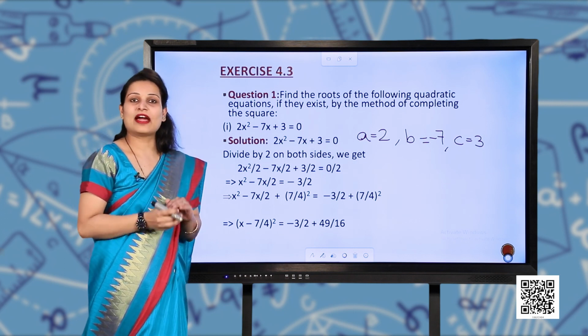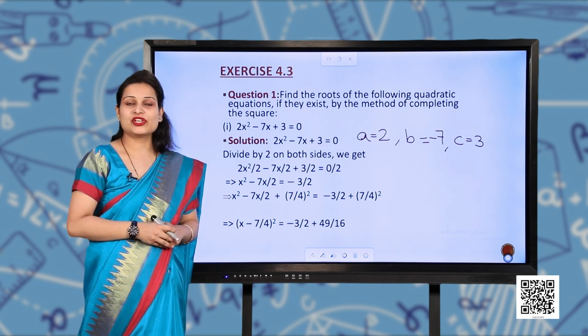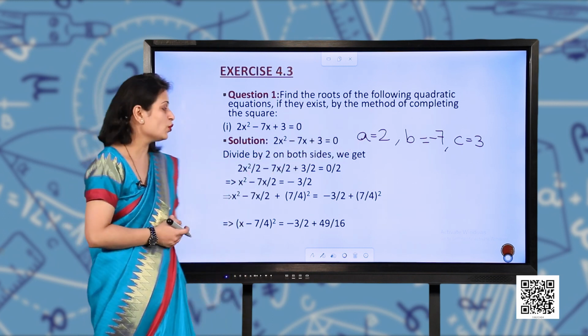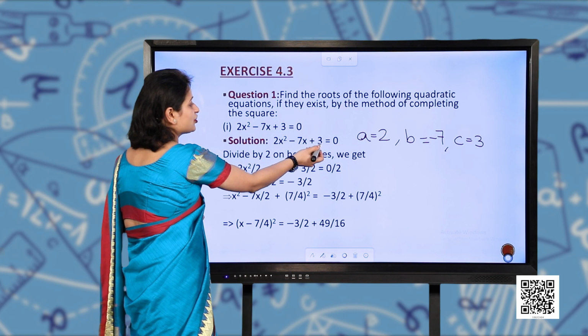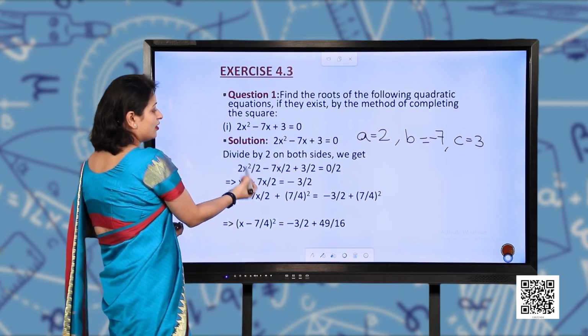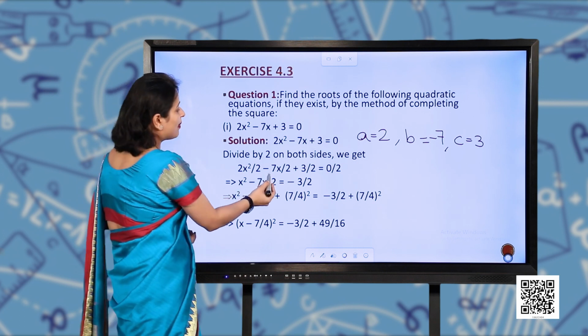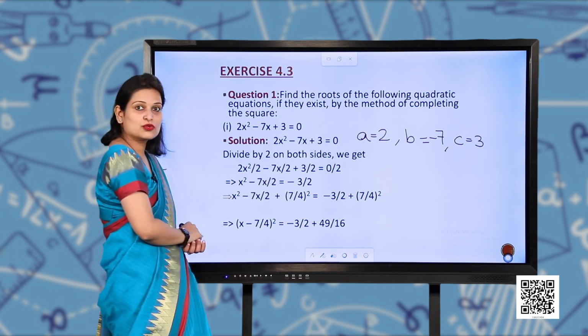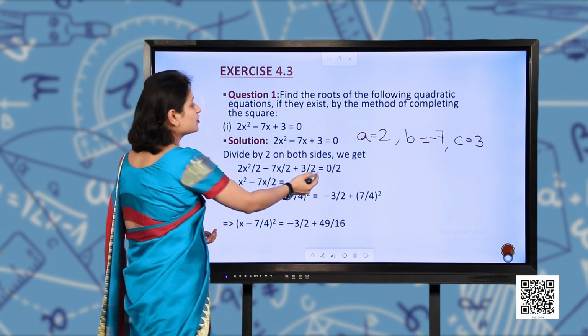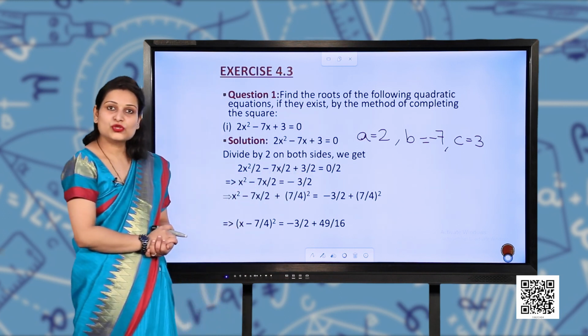So, step 1 is what? We have to divide the equation by the coefficient of x square. As the coefficient of x square is 2, divide this equation by 2. What will you get? 2x square divided by 2 minus 7x divided by 2 plus 3 divided by 2 equals to 0 divided by 2.